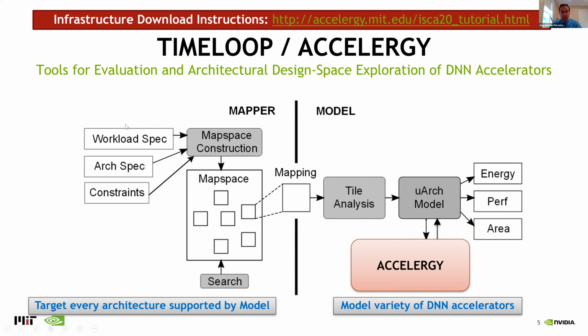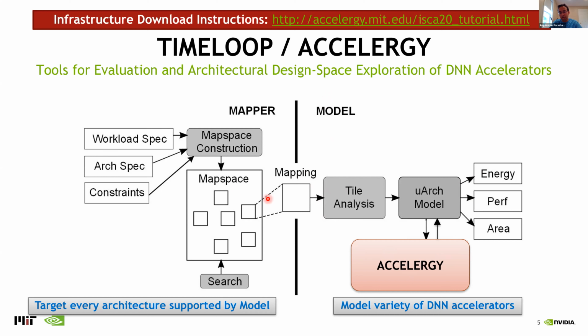That's why we've built these tools, Timeloop and Accelergy. The entire pipeline is broken into two main segments: the mapper segment and the model segment. The job of the model segment is to evaluate a particular mapping of the workload on an architecture.